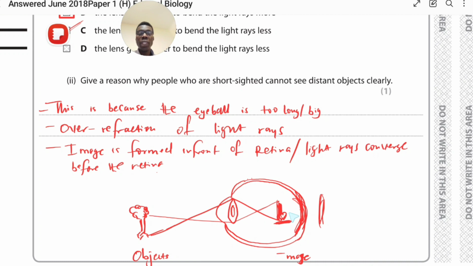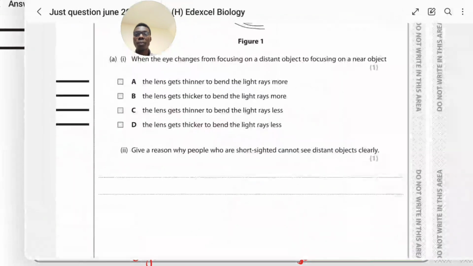So it's going to be blur. So they need something to help them. Please look at this word here. It says over refraction. So their own image, the ray of light converged early, prematurely. That's why the image is formed here. And that's because the eyeball is a bit longer, so to say. Hope that made sense. Let's move on.